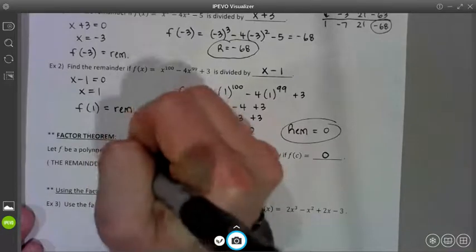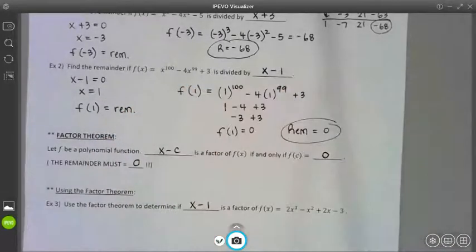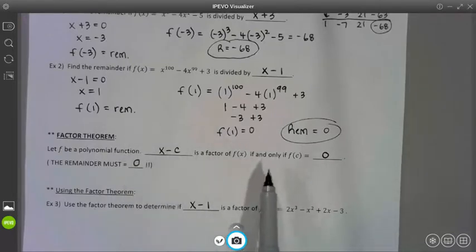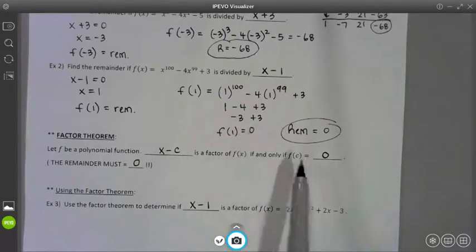The remainder must equal 0 in order for something to become a factor. It has to divide evenly in order to be called a factor. All right, so the factor theorem just says that your remainder better be 0. f of c better equal 0 in order to call x minus c a factor.